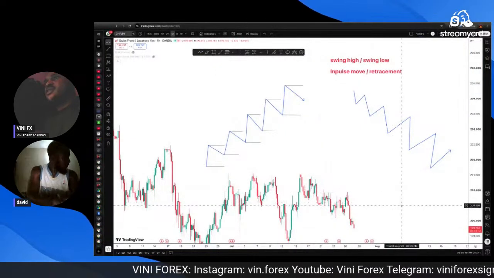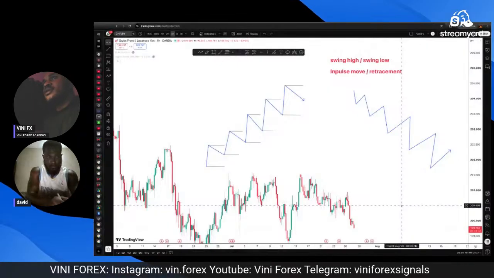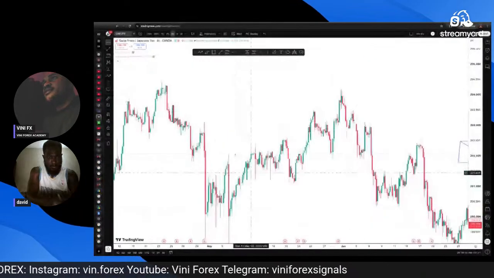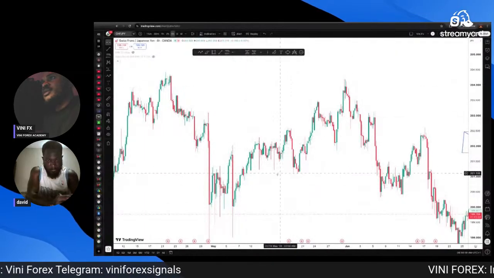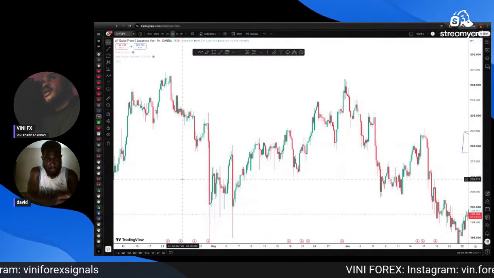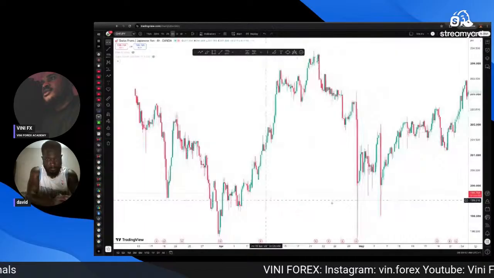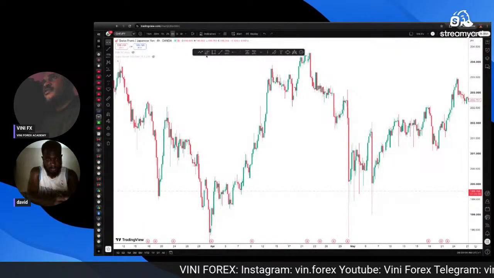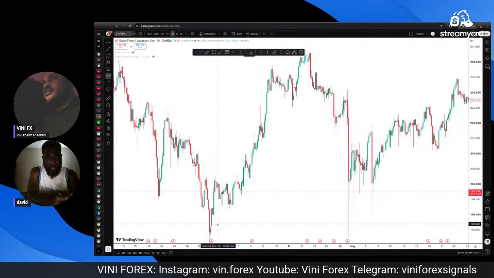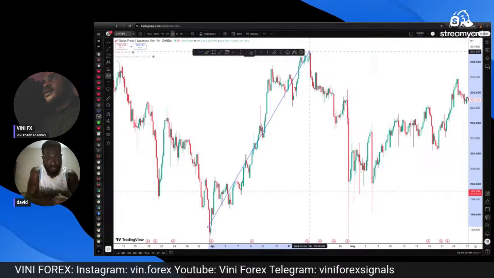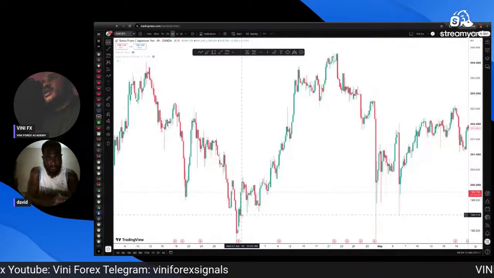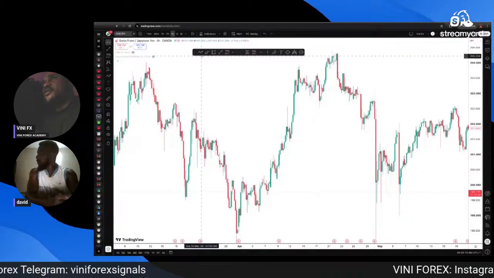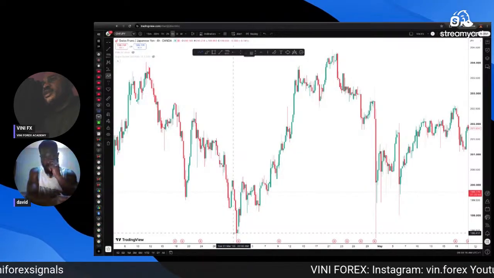So if the market is trending to the upside, for example, right here, this is an uptrend. Looking at the chart and seeing that it's an uptrend, the swing highs, the impulses, are the movements that go up.